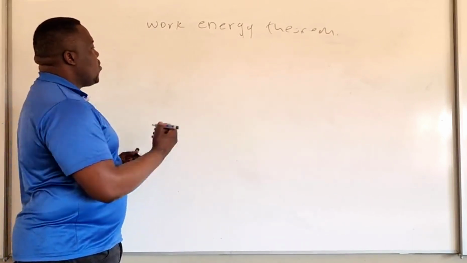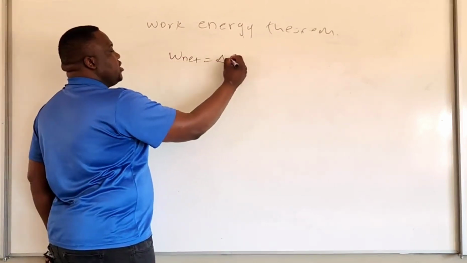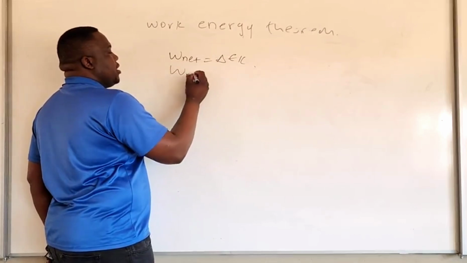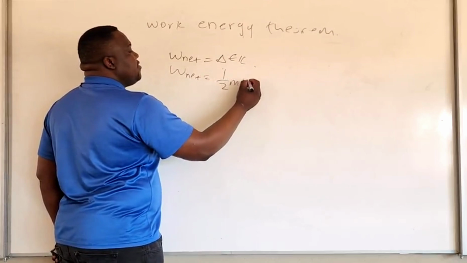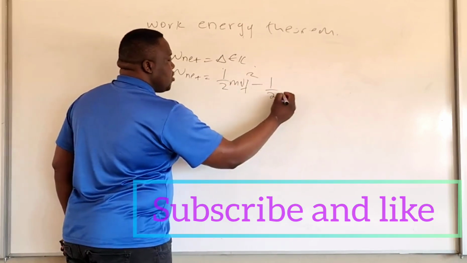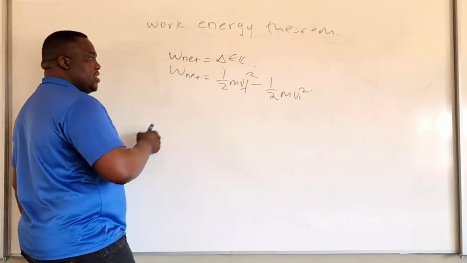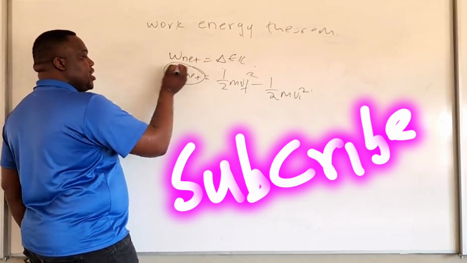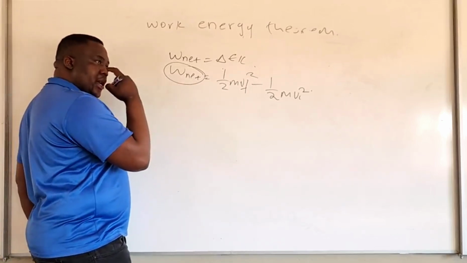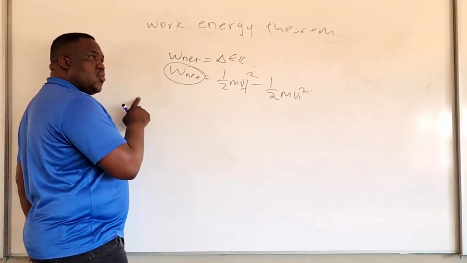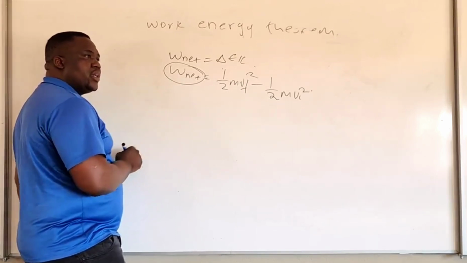The work energy theorem states that work net is equal to the change in EK, whereby work net is equal to 1/2 mvf squared minus 1/2 mvi squared. The main important thing to understand is the work net. Work net is the sum of all the forces that are acting on an object that are doing work.